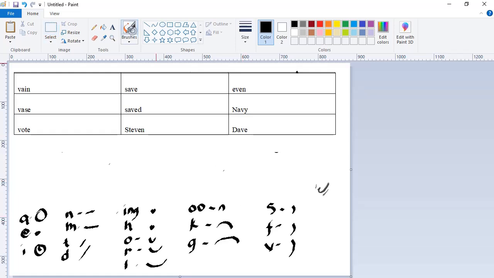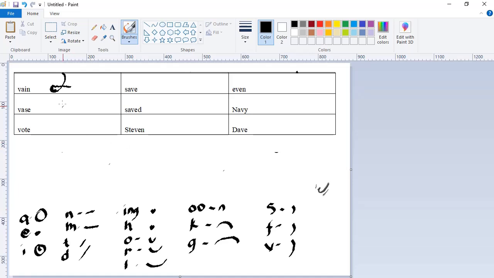When you say vein, you say V, A, N. So we have vein, V. So we have V, A, N. Just make sure na yung inyong letter V is mas mahaba compared sa letter F.